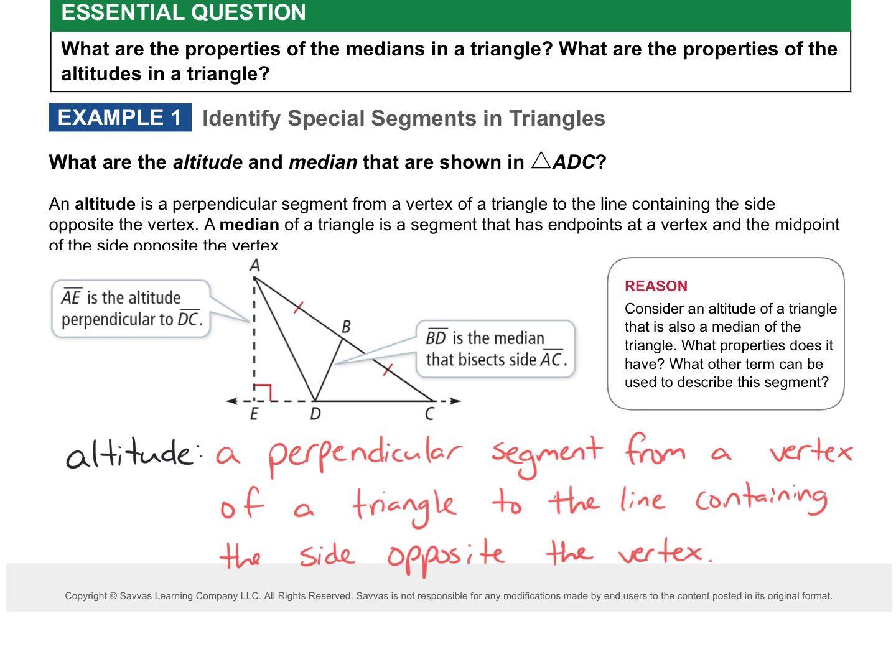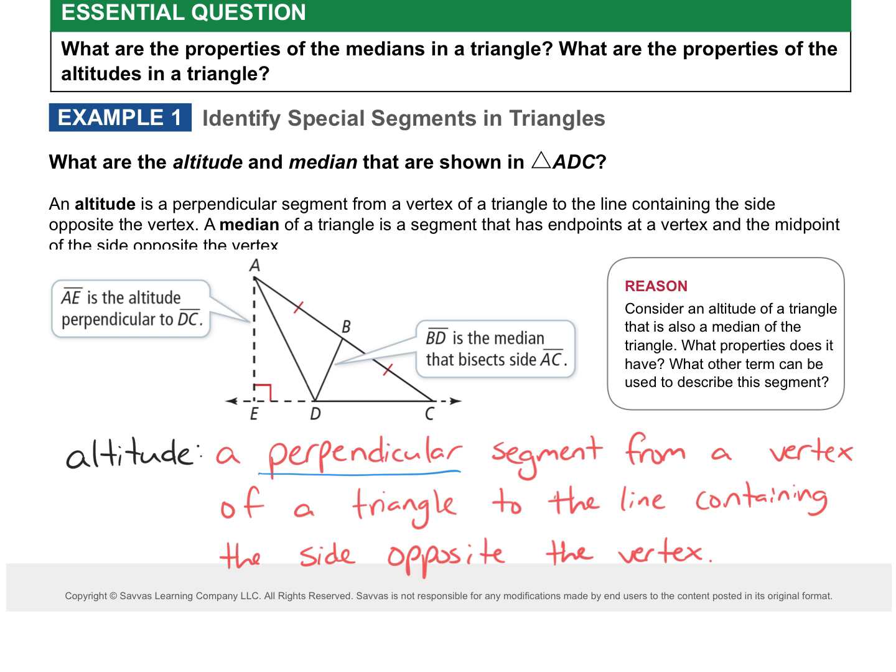With these definitions, you know what all of these words mean. What does perpendicular mean? Right angle, 90-degree angle. What's a vertex? How many vertices does a triangle have? 3, it's the corners. A is a vertex, D is a vertex, and C is a vertex.